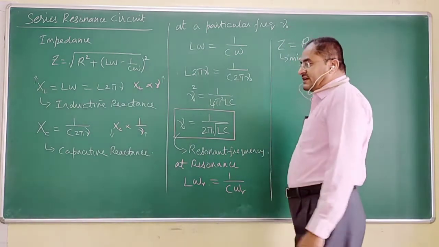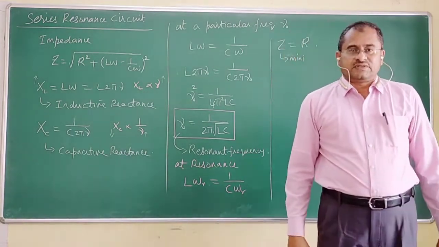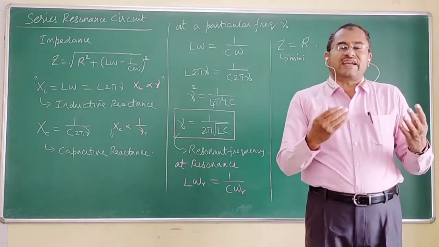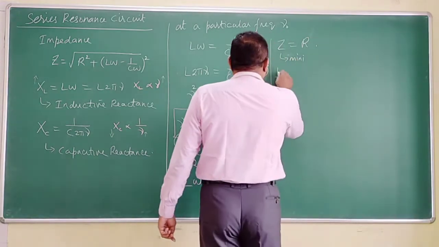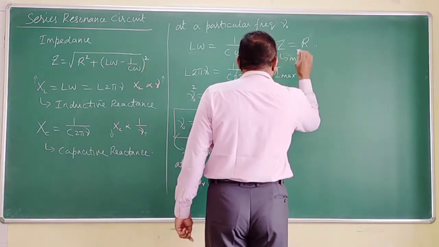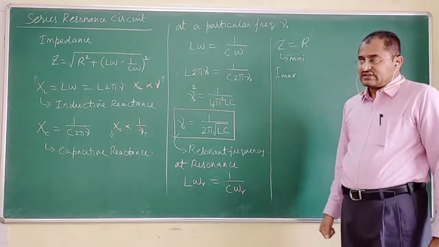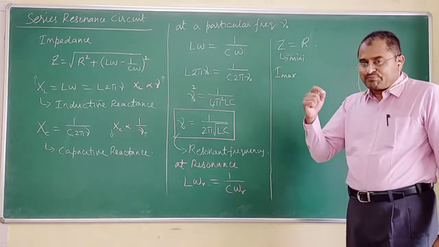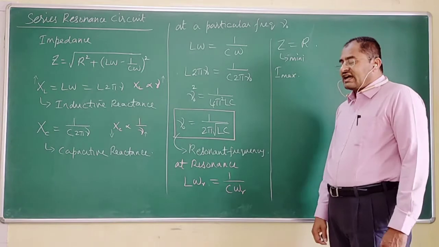When impedance, the opposition to the flow of current in an LCR circuit, becomes minimum, current becomes maximum.